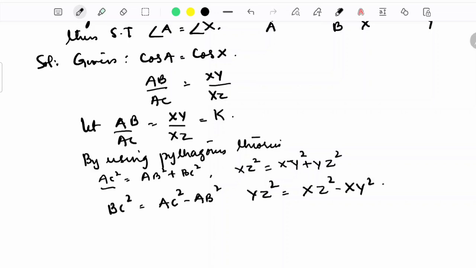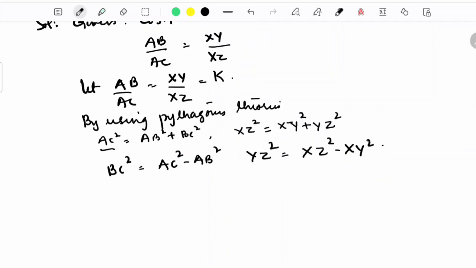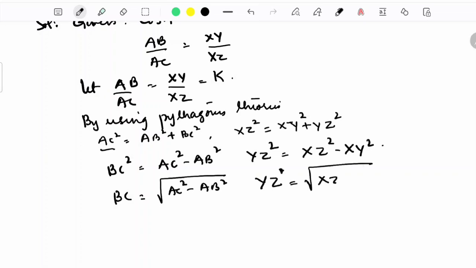Okay. So now what we will do here is, we will take BC will be equal to root of AC square minus AB square, and YZ will be equal to root of XZ square minus XY square. Okay. Now AC square we got.